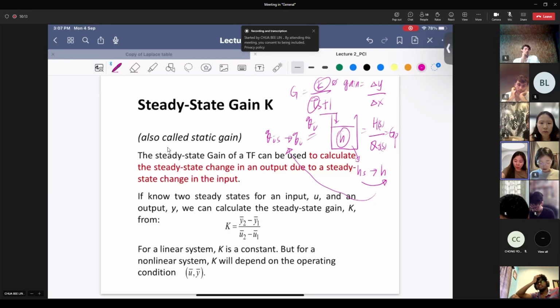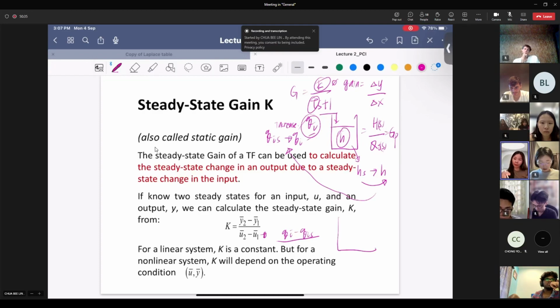So when you have a change to this Q_i, let's say I increase, the change will be Q_i minus Q_is. Then due to the change of Q_is to a new value of Q_i, you will stand there. If let's say you are doing experimental work to study the change of the level, you will have what we call the ultimate change.